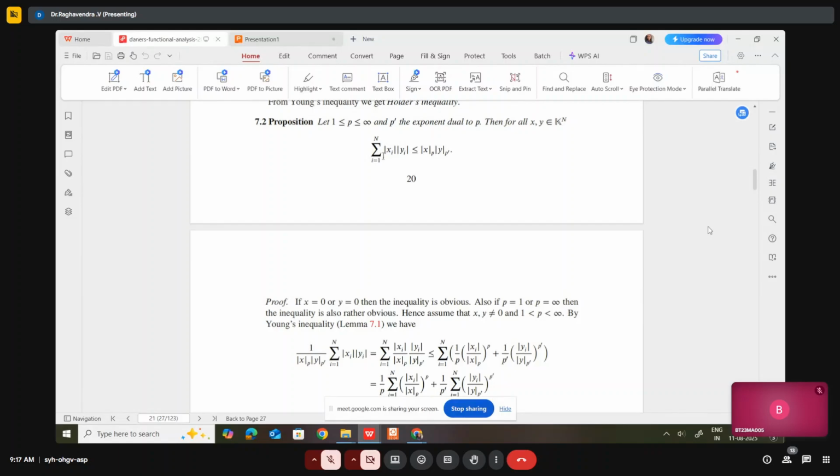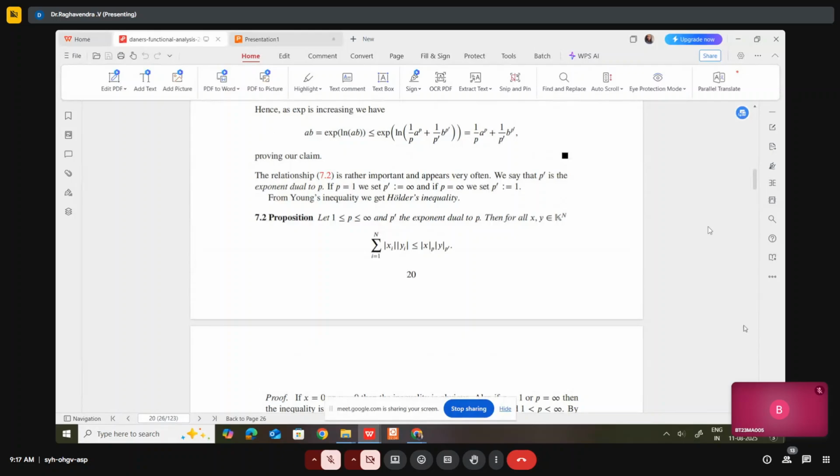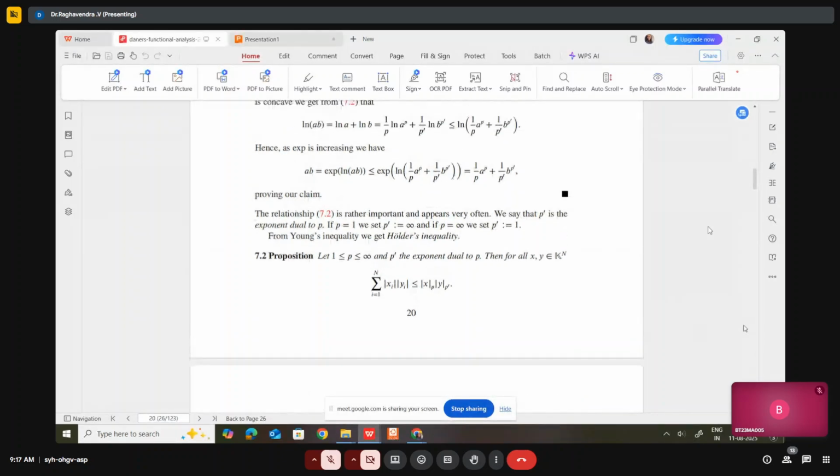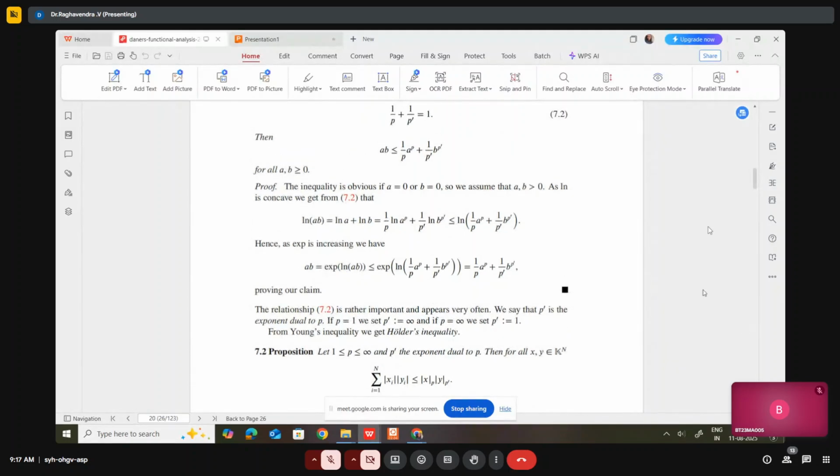I have xi yi, but I need to get something in terms of... if you see Young's inequality, you have a, b, and look at the right side.